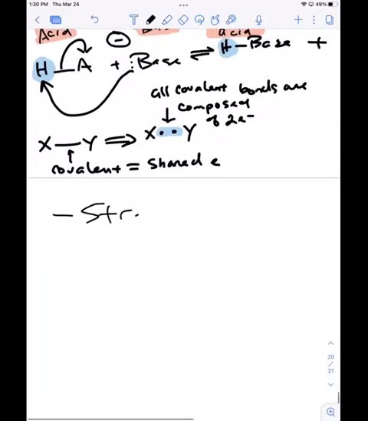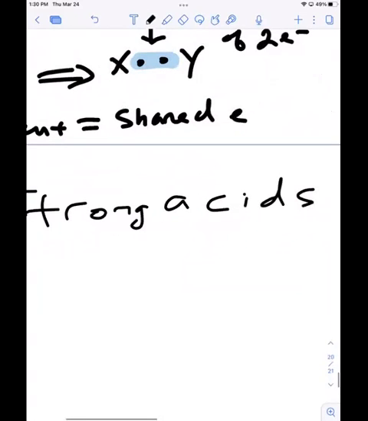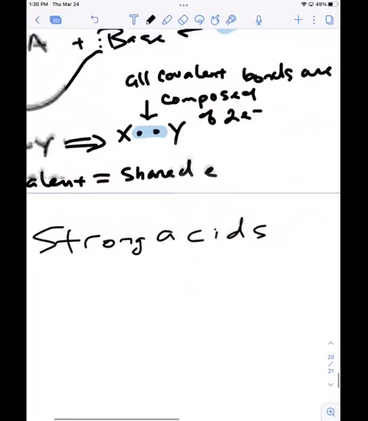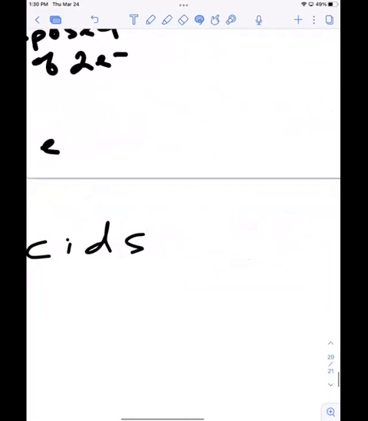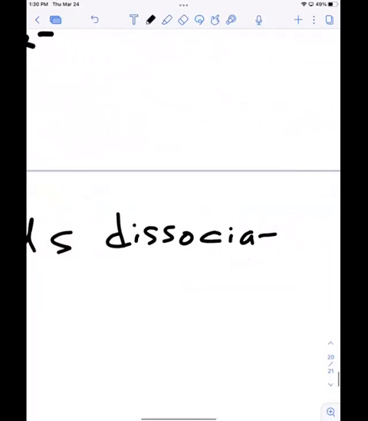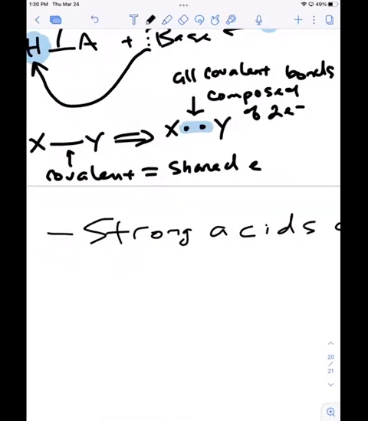If it's a strong acid and you dilute it or add water to it or add it to water, because you always add acid to water, not water to acid, if you add the acid to water to dilute it, it's going to completely dissociate. Can anybody tell me what that term dissociate means?